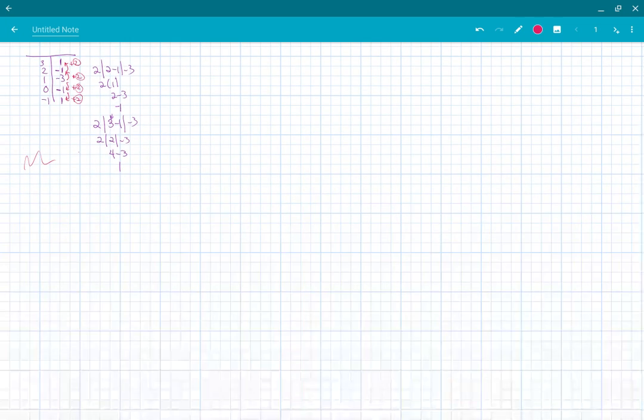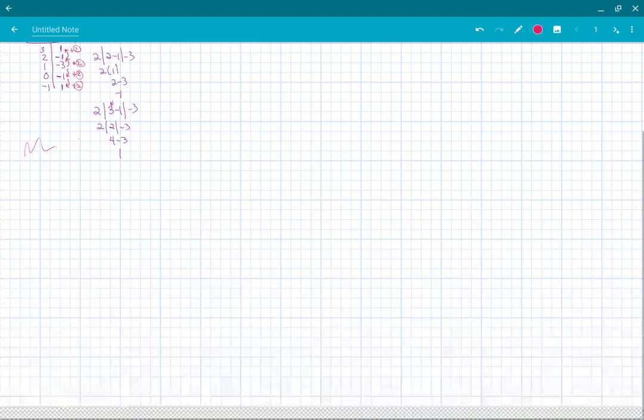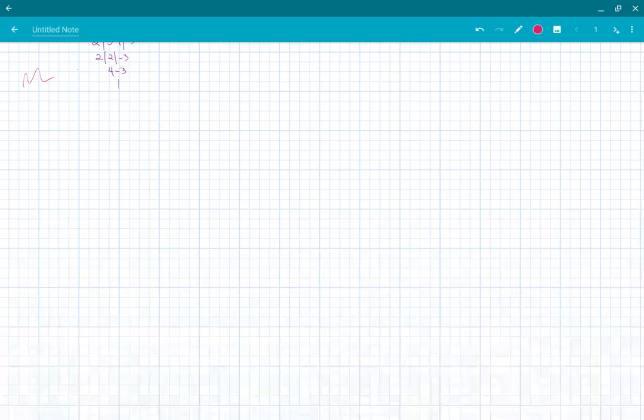Let me make this nicer. I don't know why it's so white at the bottom. Okay. The vertex was 1, -3.